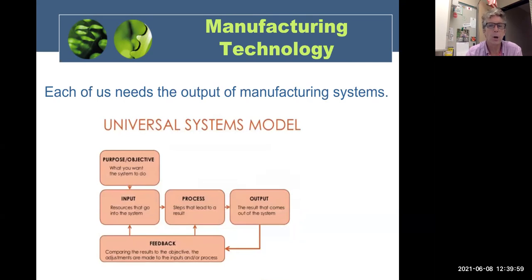Okay? So the purpose or objective is what you want your system to do. The input is the resource that goes into the system. What I want my system to do is water my lawn. So the resource that goes into the system is water. The process, the steps that lead to a result, are a timer opens valves in the system to let the water in. The output, the result that comes out of the system, is water out of the sprinkler heads, watering my lawn.